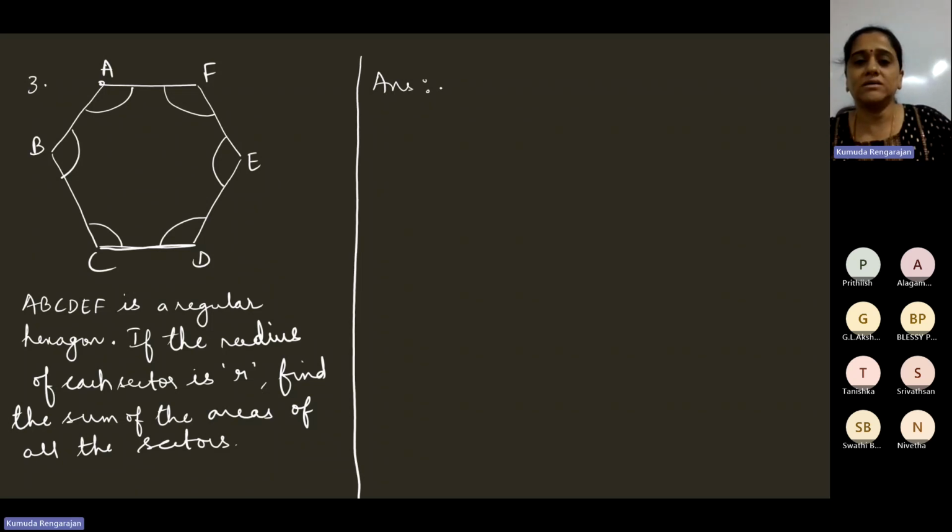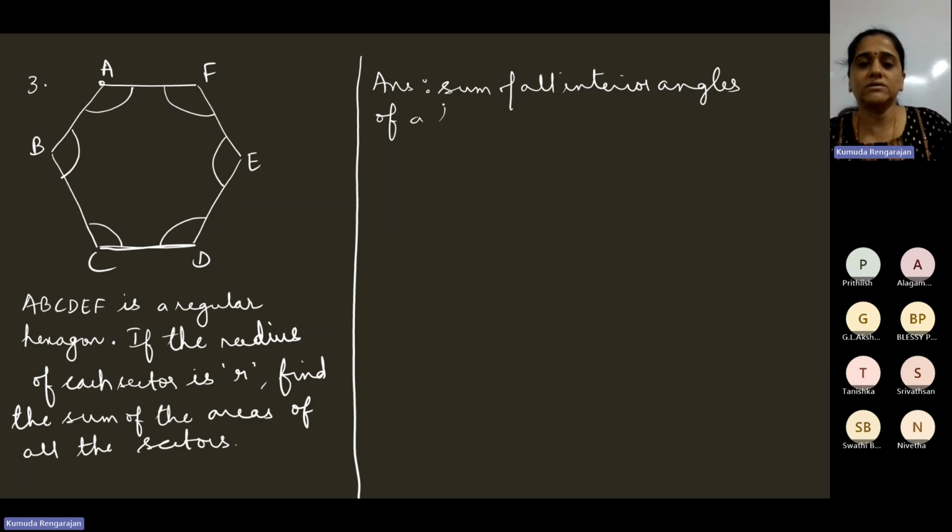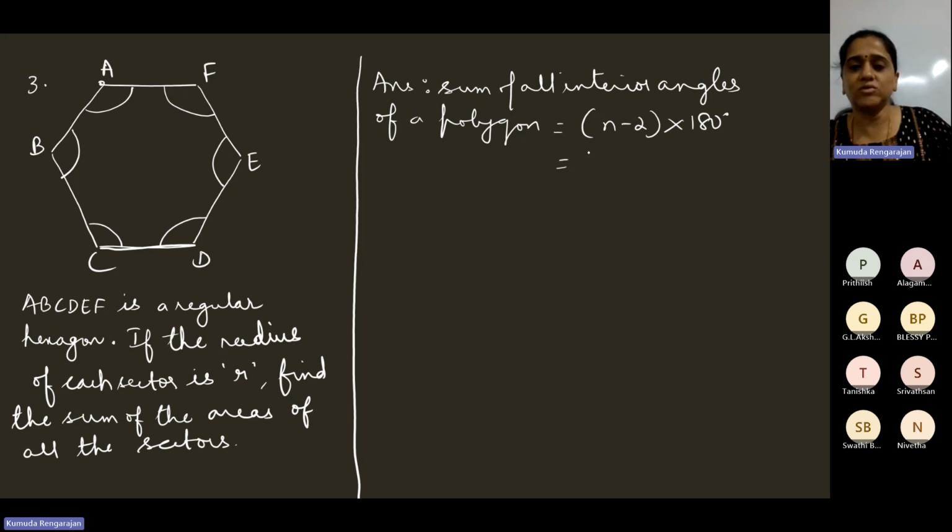How do you find the sum of all interior angles of a polygon? Any polygon, whether it is regular or not regular, the sum of all interior angles is given by n minus 2 into 180 degrees. So here, 6 sides, so 6 minus 2 into 180, 4 into 180, 720 degrees.